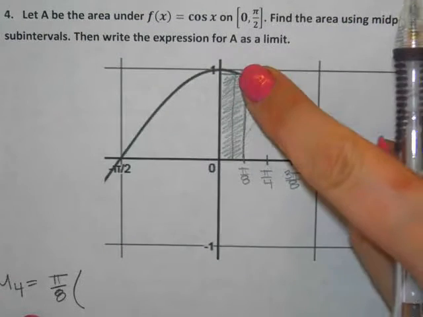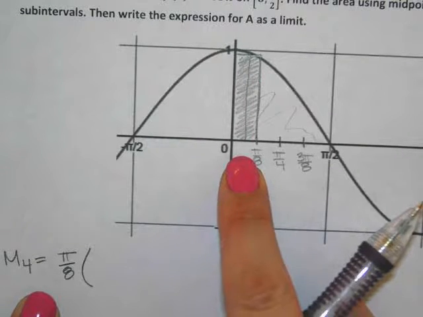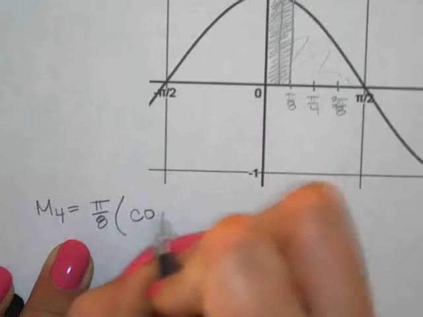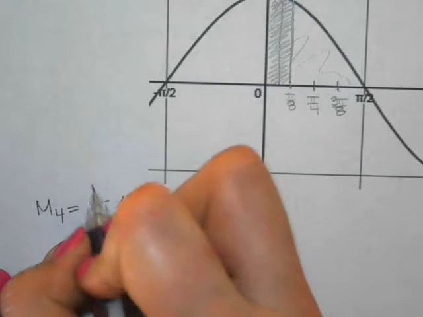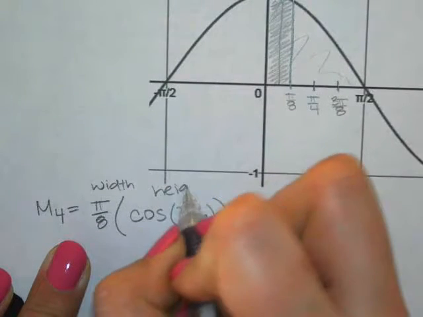You plug it into the function. The thing that we're plugging into the function is the middle, which is pi over 16. So we're going to say cos of pi over 16. So this is our width, and this is our height.